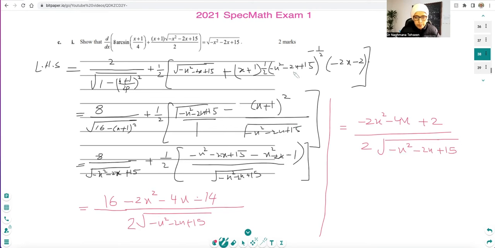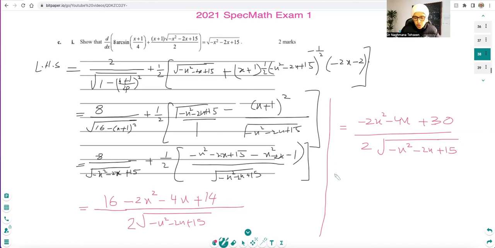This is 14. I got it. So 16 plus 14 would be, because there is a plus sign there, equal to 30.